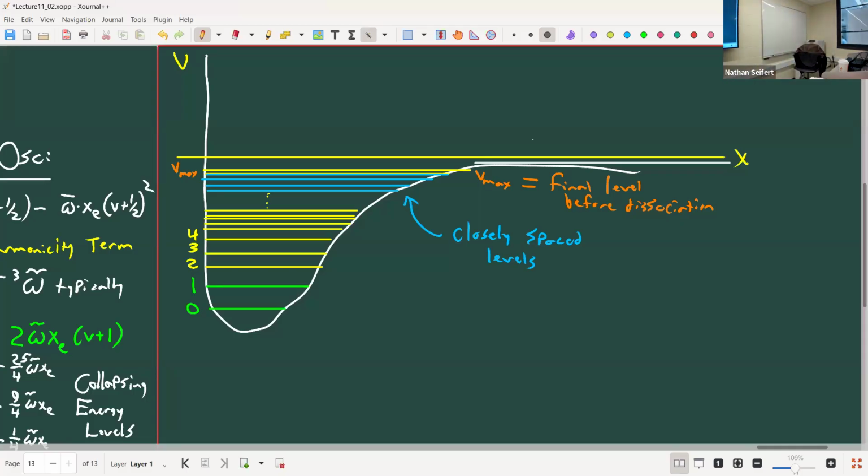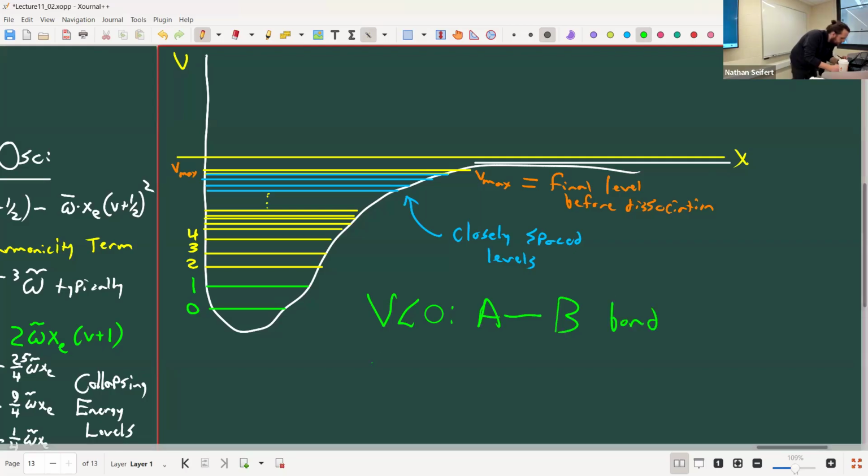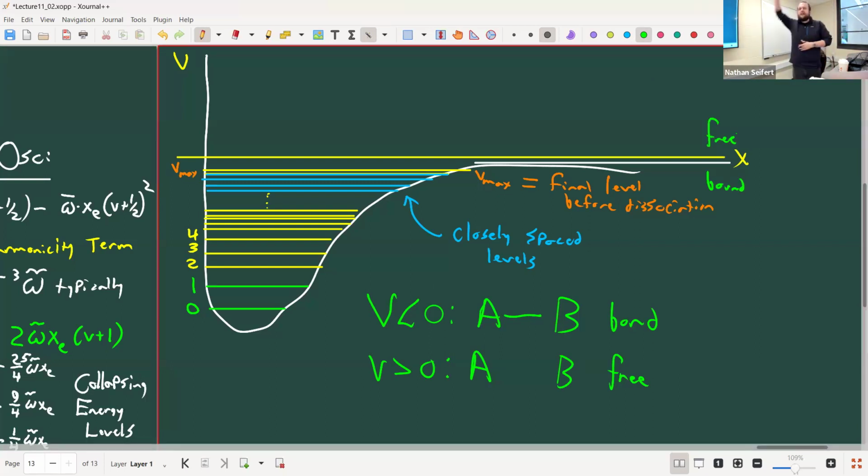You have two free particles. So below, we have the A-B bond, and above, we have A and B free. So this is the bound region here, and this is the free region. What do the energy levels look like above that limit? Well, there we have free atoms.